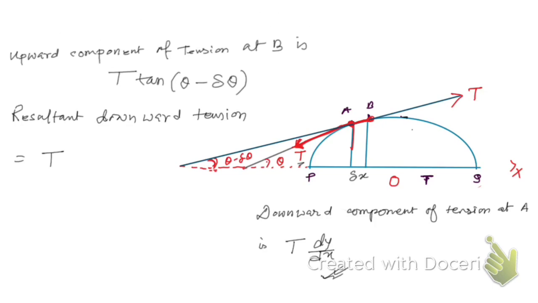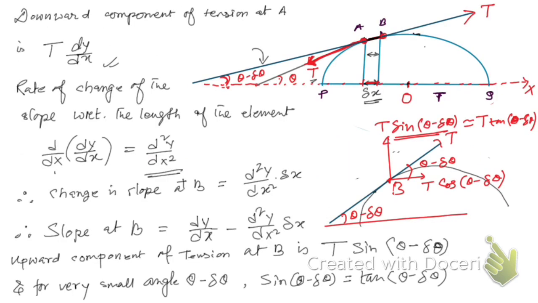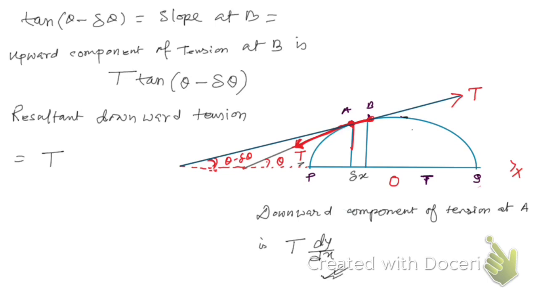Now you see this tan of theta minus delta theta is nothing but the slope at B. So what was the slope at B? Let me show you. Here you can see this is the slope at B. Let me copy this result. So here is the slope at B. So we can replace the tan theta by this value.